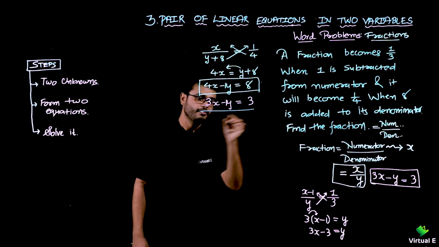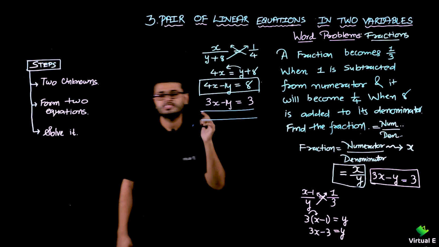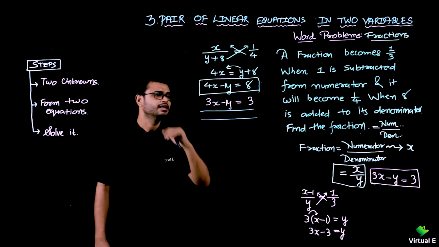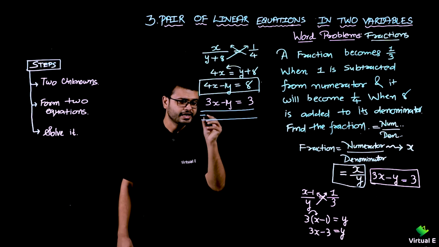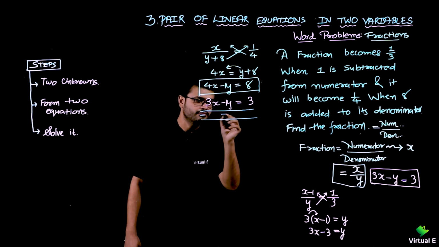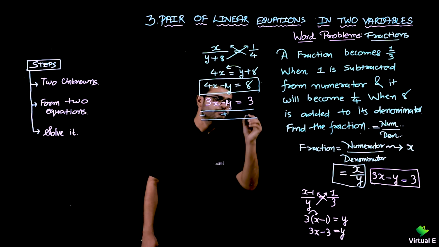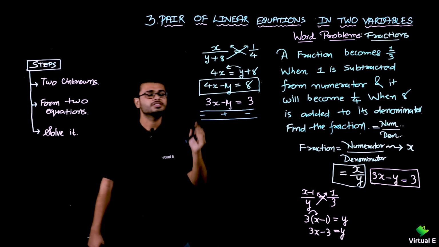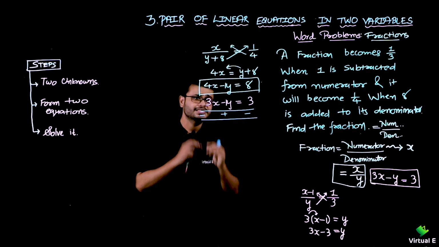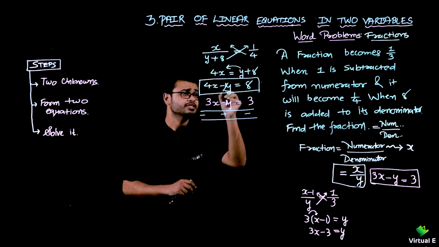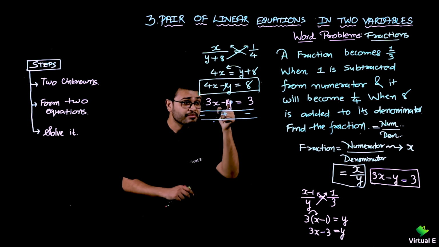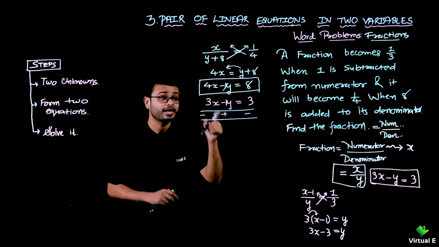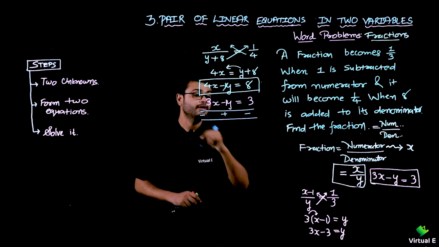So let's subtract. If we subtract, we are going to change the sign. This 3x will become negative, minus y will become positive, this 3 will become negative. So this is what we have done. Now let's get the answer. This minus y and this is plus y. Remember, this is the new sign of y. Don't confuse it with the old one.